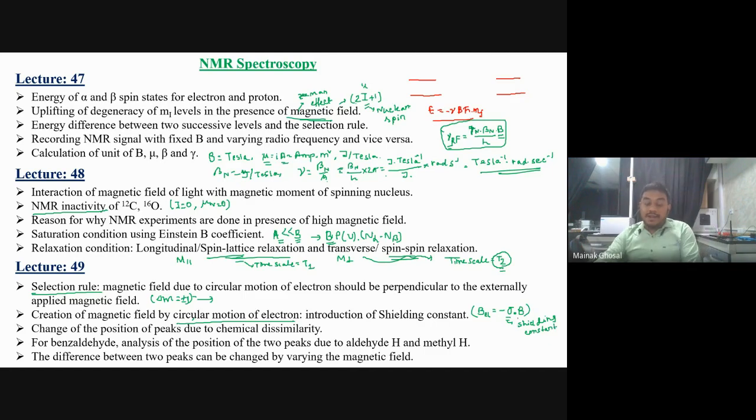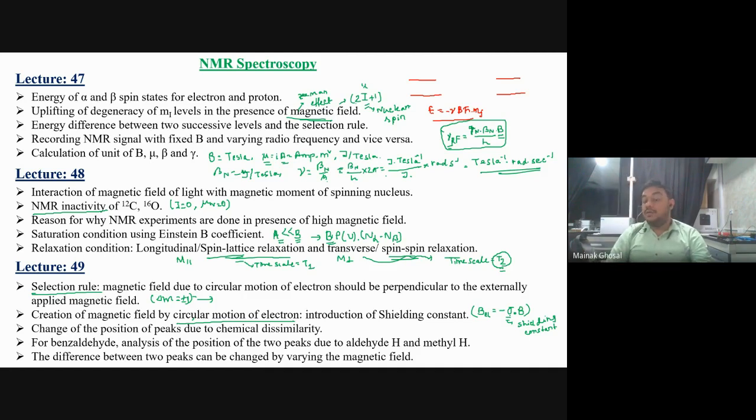And why is this very important? Because in a molecule, suppose you are doing NMR of protons or 13C, you can see easily that the peaks correspond to the hydrogens at different positions in the molecule.